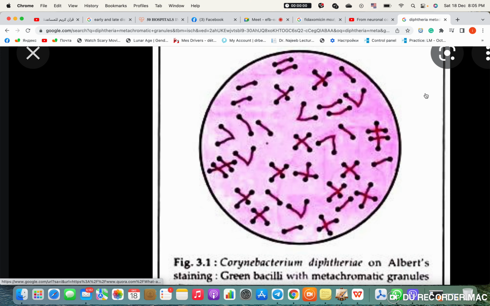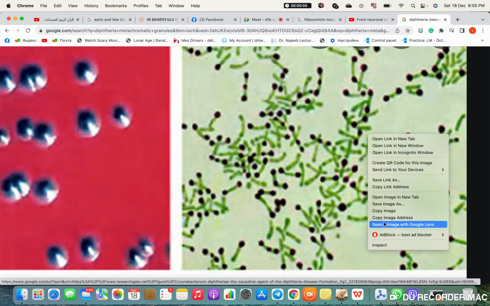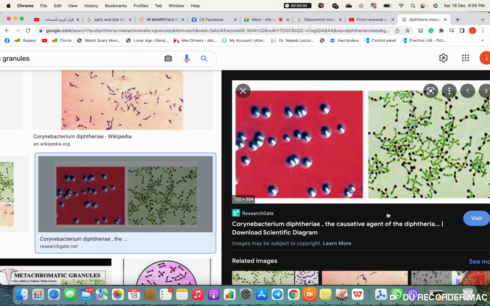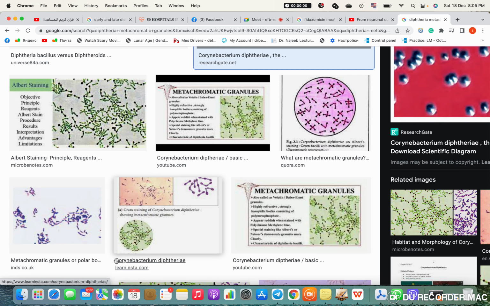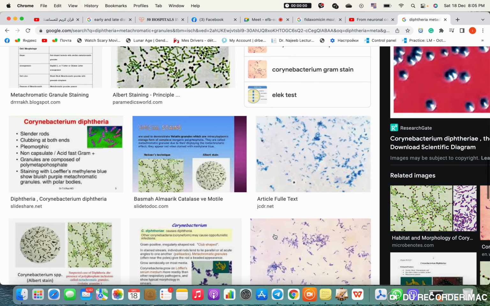Yep, you can see here the diphtheria and how it has these granules on its different portions. It's something like this. The moment you see this, it's highly characteristic of it. Actually, no other bacteria have the exact same thing. So that is a giveaway, basically.